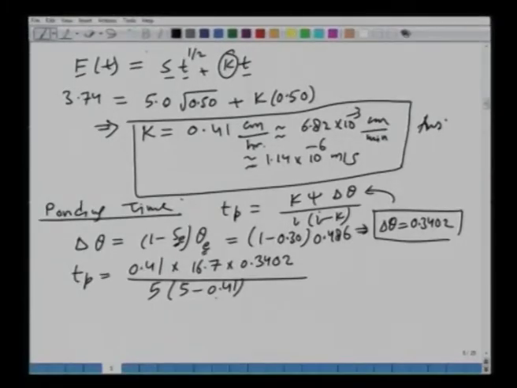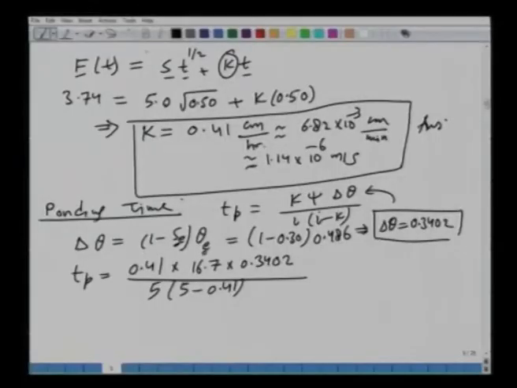One thing I would like to caution all of you is that whatever expression we use, we should be consistent with the use of our units. Rainfall, infiltration, the parameters psi, etc. should all be in the same units. It is not that one thing you use in centimeters per hour, and another in meters or seconds. Everything should be consistent, so that the units cancel out and the final answer will be in hours or seconds or whatever you are using.